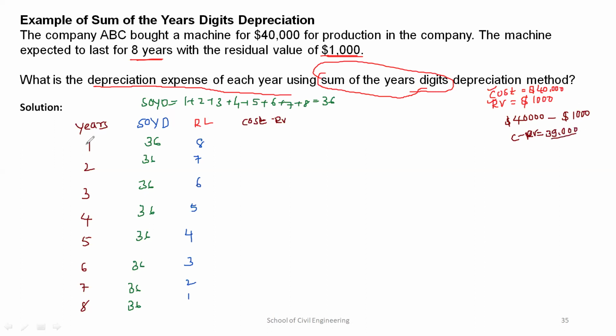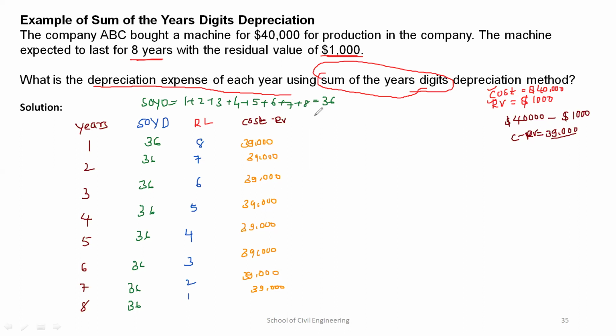This you should write in this column, 39,000 for every year.